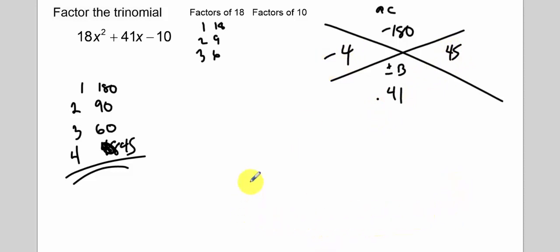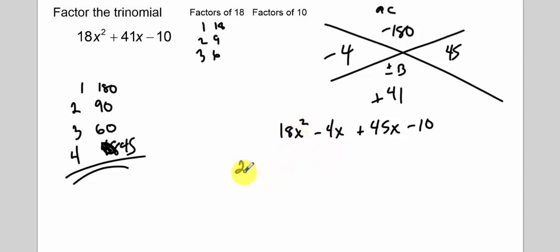So there's my guy. And again, you could keep going until you get that difference that gets you a positive 41. So I'm going to write down the first term again. Minus 4x plus 45x minus 10. Look for a common term here.